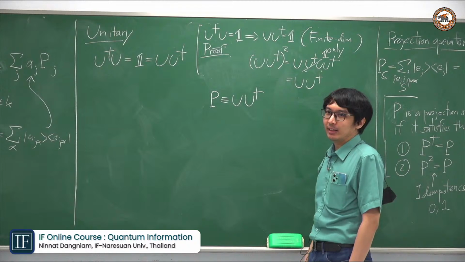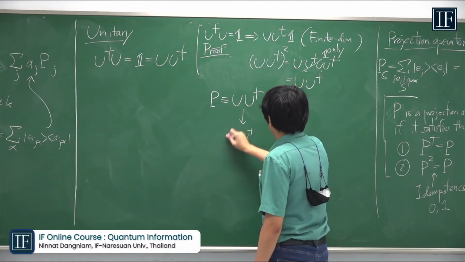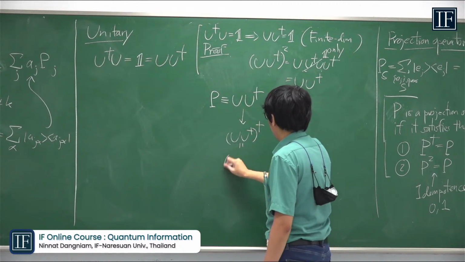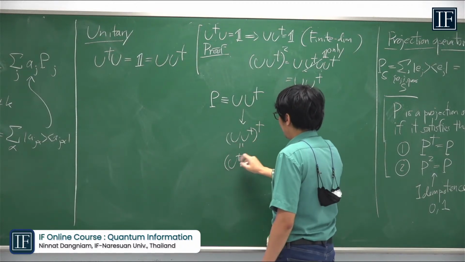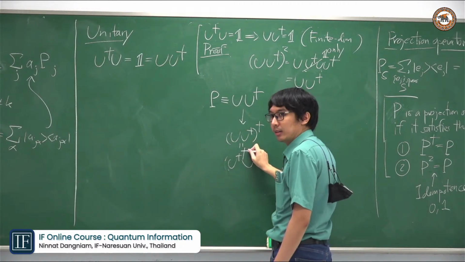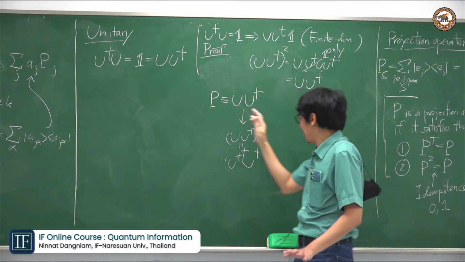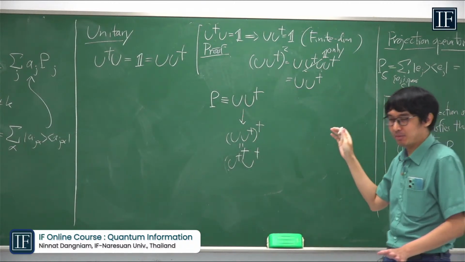It doesn't do anything, right? Because if I take the dagger again, then I switch the order and take the dagger, and it's the same thing. Which has to be true, because it's a projector, it had better be Hermitian.